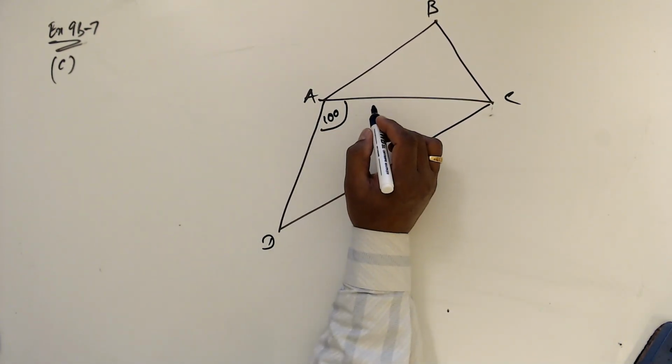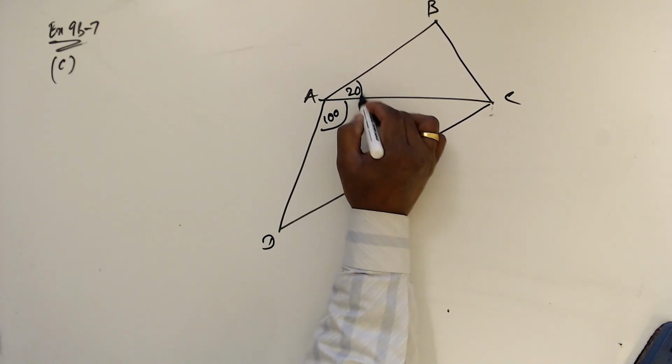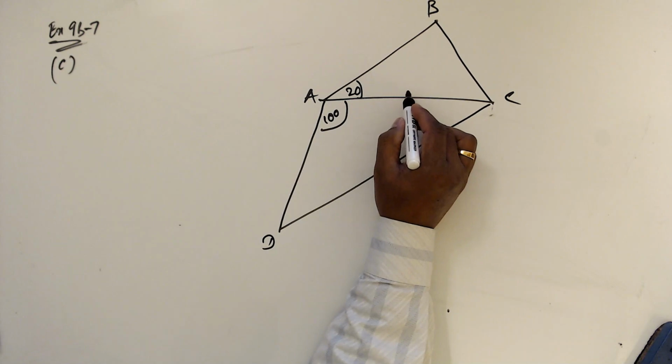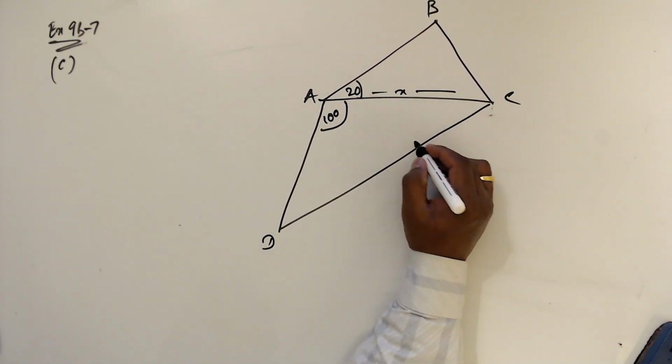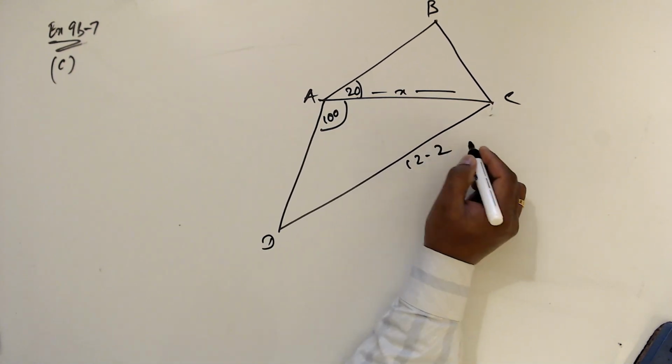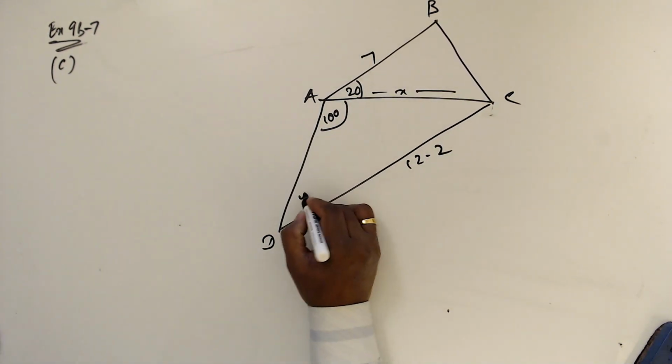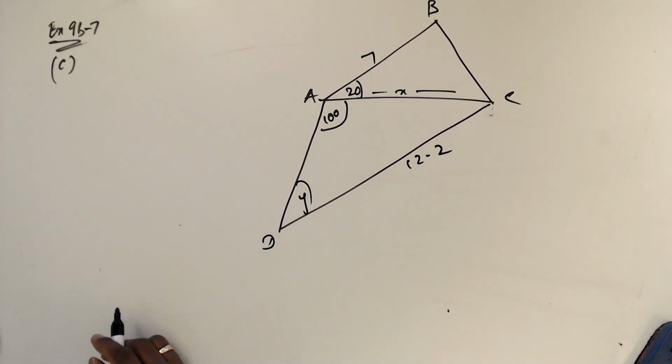This is part C, with 20 degrees, x, 12.2 and 100 degrees. Now what is the plan?